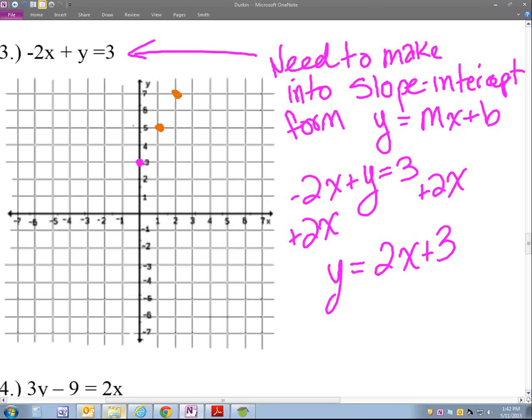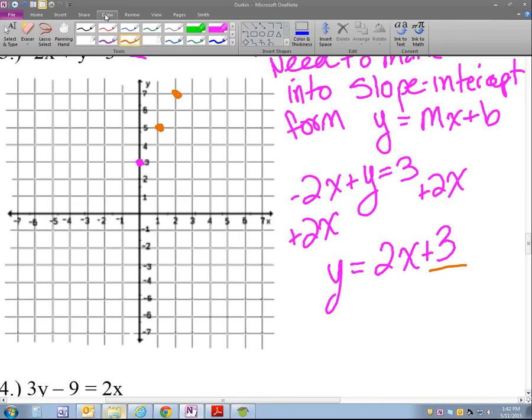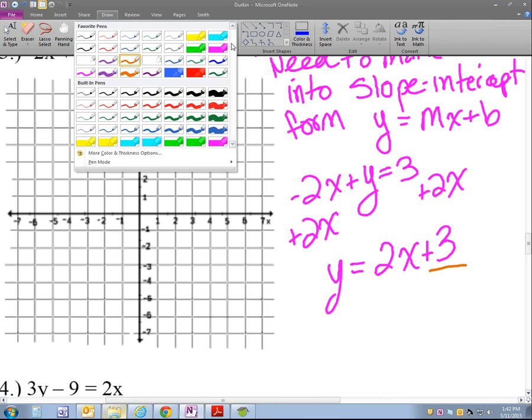Yes, ma'am. How did you get the first part? Because slope intercept form, that plus 3. Never mind, I got the same thing. Cool. I'm just doing it the wrong way. Gotcha. Let's go blue.